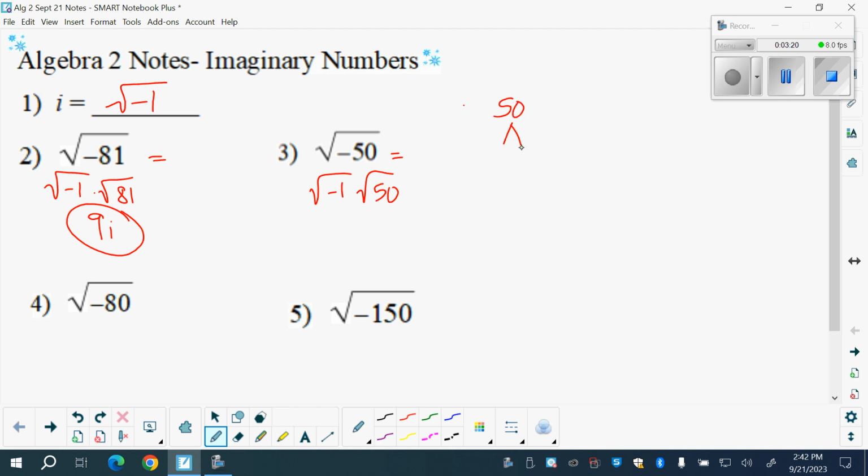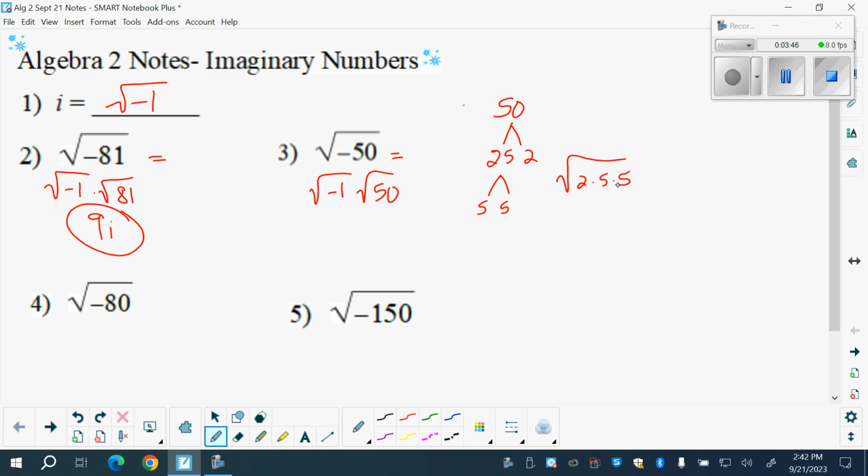So we're going to take 50. If you use perfect squares, fantastic. Or you can do prime factors. And so it would be 25 times 2, and then 5 times 5. And so if we simplify just this square root 50, this would be the square root of 2 times 5 times 5. And then how do we simplify that?